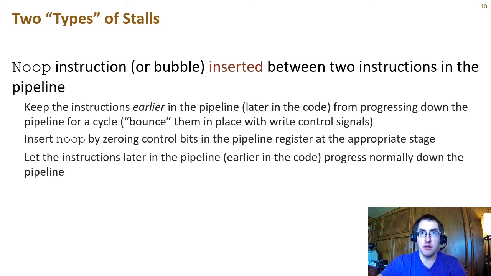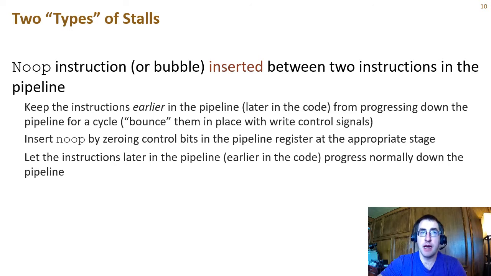We'll clarify the notion of flushing or squashing from stalling. So there's really 2 kinds of stalls. One is to insert a bubble in the pipeline or add a no-op instruction dynamically. This is done in order to delay the execution of an instruction so that it can wait for its dependencies to be completed. So the instruction that's earlier in the pipeline, which is later in the code, needs to wait for something that is producing a value that it needs.